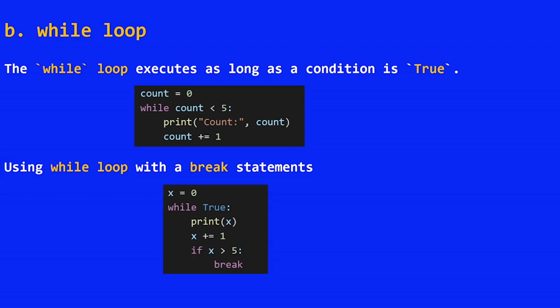While x is equal to 0, you print x. We've not changed the value of x to any other value, so it will print 0 forever. So we want to increment by adding 1, so the first iteration will be 0 plus 1, which is 1.